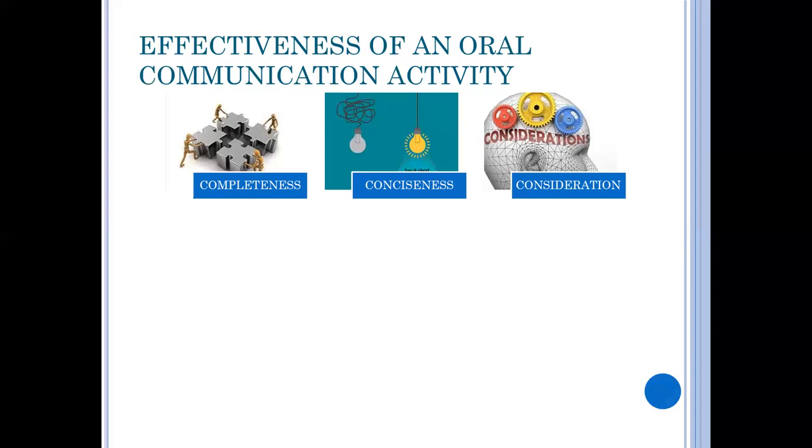So if you wanted to have an effective oral communication activity, here are some features of considerate communication. So try to empathize with the audience and exhibit interest in the audience. So this will stimulate a positive reaction from the audience and also show optimism towards your audience.